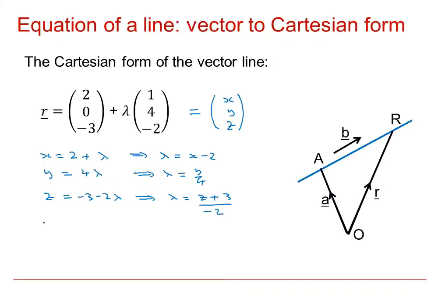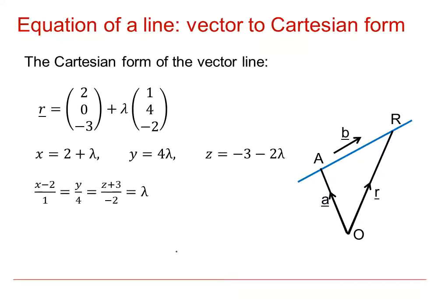So we can write this 3-dimensional line in Cartesian form as x minus 2 (you can think of it as divided by 1 if that helps, although that's not essential) equals y over 4 equals (z plus 3) over minus 2, and of course they all equal lambda, as we can see there.